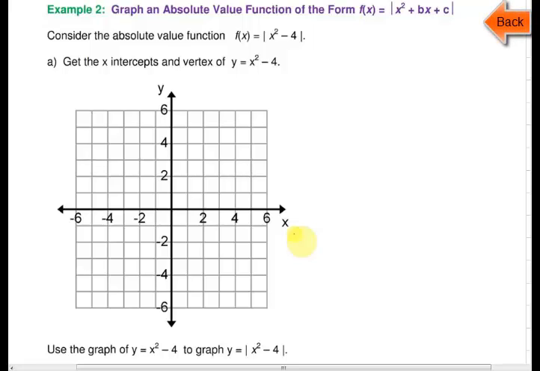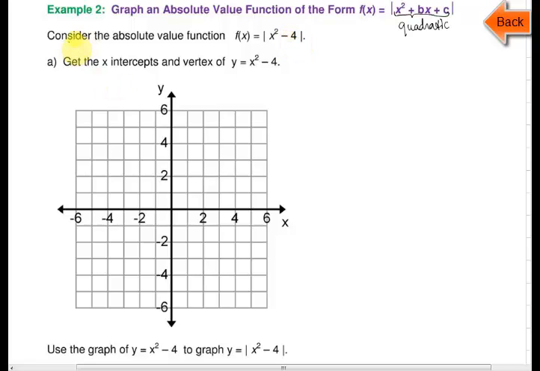Okay, so example 2, we're going to now graph an absolute value function of the form f of x equals the absolute value of x squared plus bx plus c. That means we want the absolute value of a quadratic. Okay, so we're going to take a look at the absolute value function f of x equals the absolute value of x squared minus 4.